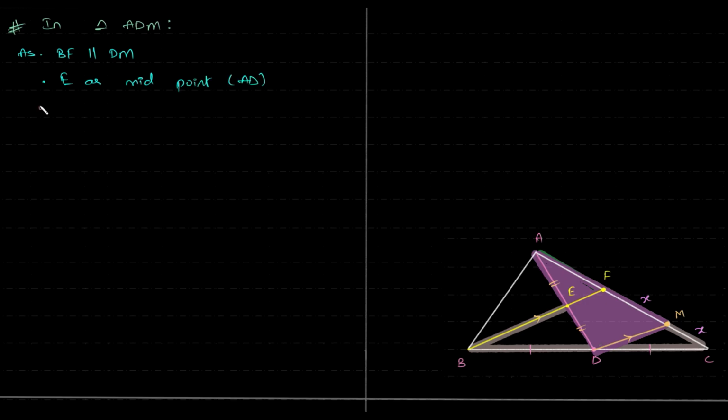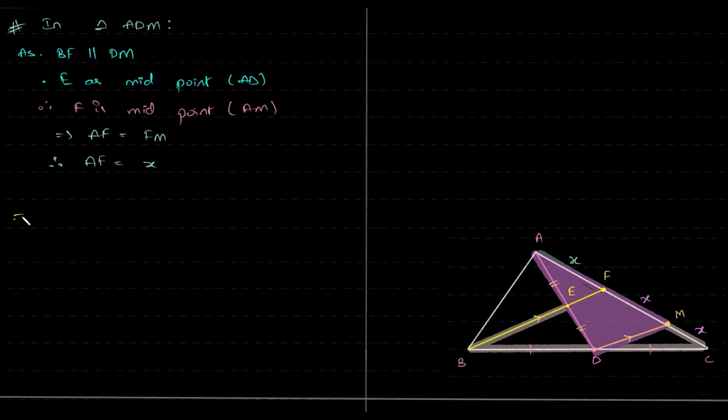Therefore, by converse of midpoint theorem, we have F as midpoint of AM. Right, guys? So this implies AF is equal to FM, and therefore AF is equal to X. So we just proved that this is also X. Again, we need not write converse of midpoint theorem because we already wrote a similar answer before this, right?